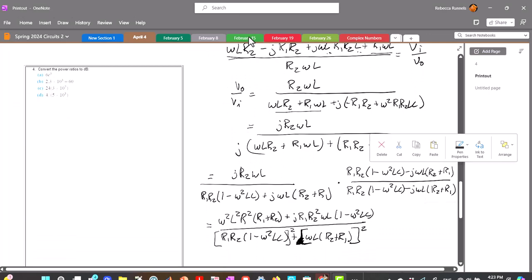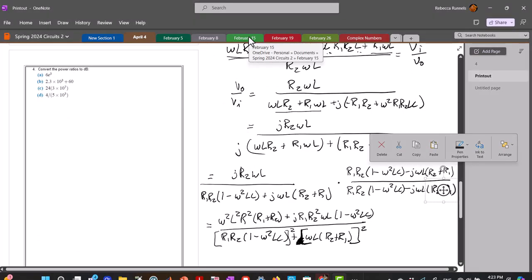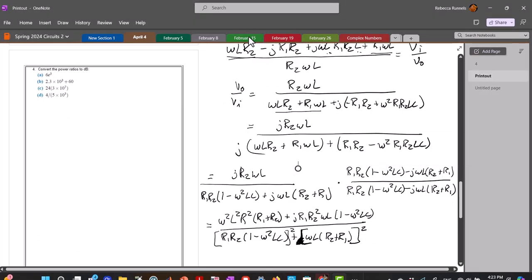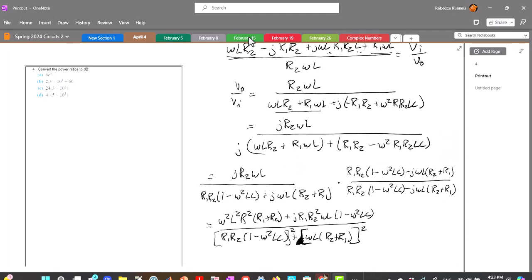So then I had j R2 omega L over, from the real part, which is the old imaginary part, I factored out an R1 R2 and was left with 1 minus omega squared LC. And from the imaginary part, I factored out an omega L, and I was left with R2 plus R1.